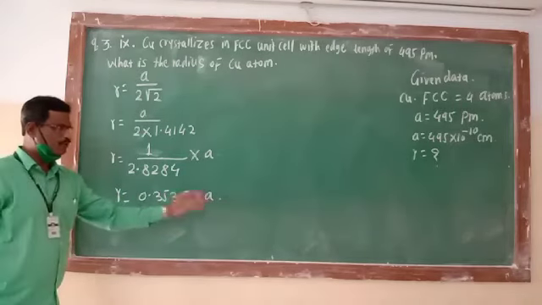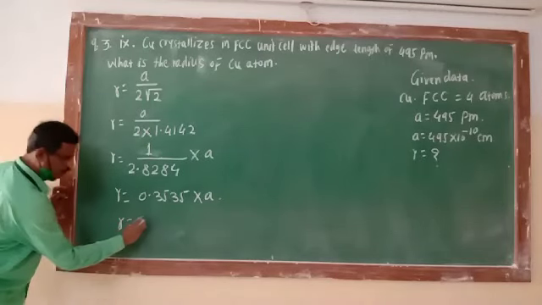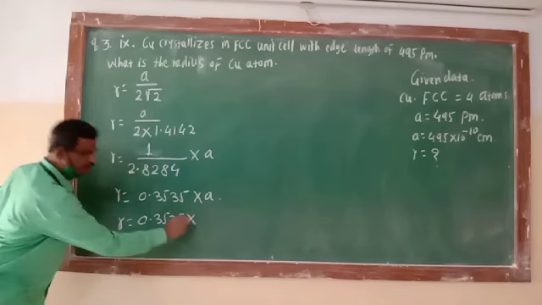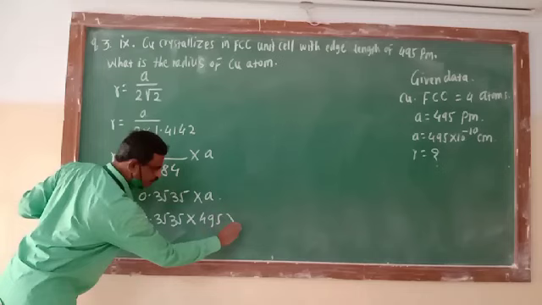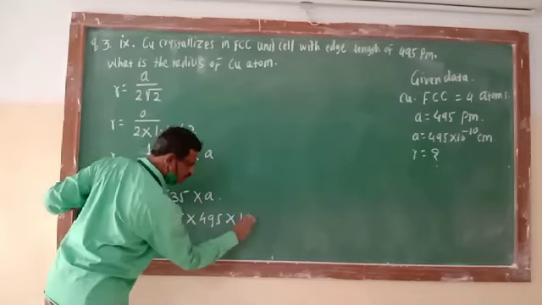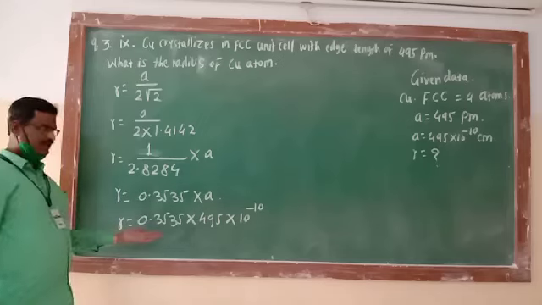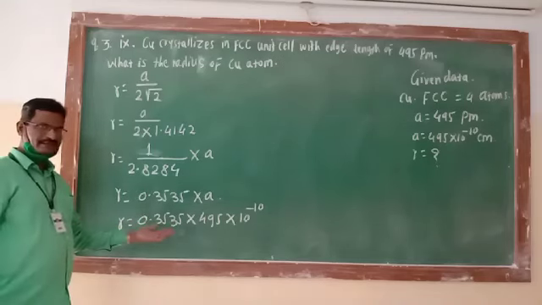Now substitute the value of a. Radius r is equal to 0.3535 multiplied by 495 into 10 raised to minus 10. So this is the radius, now in centimeter. How to solve this?